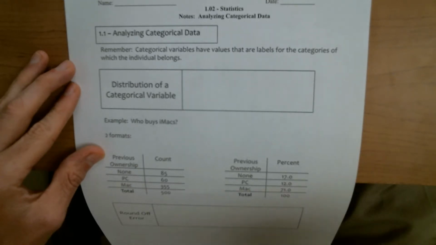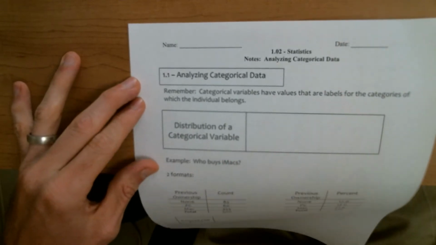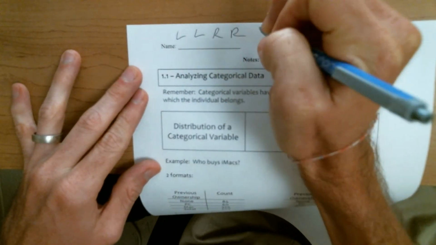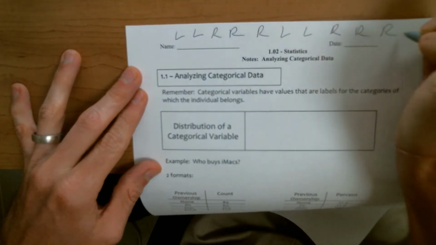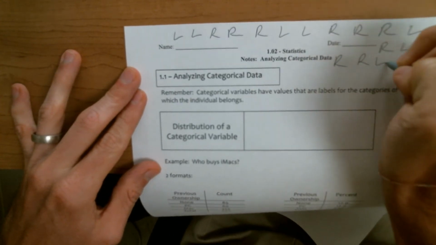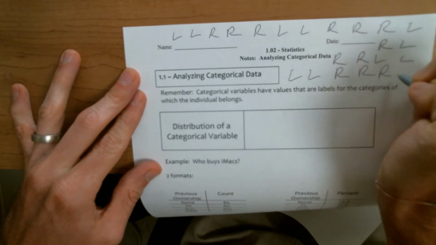Let's say we were gathering data on whether somebody was left-handed or right-handed. We talked to lots of people, and the responses were left, left, right, right, right, left, left, right, right, right, left, right, left, right, right, left, left, left, left, right, right, right, left.